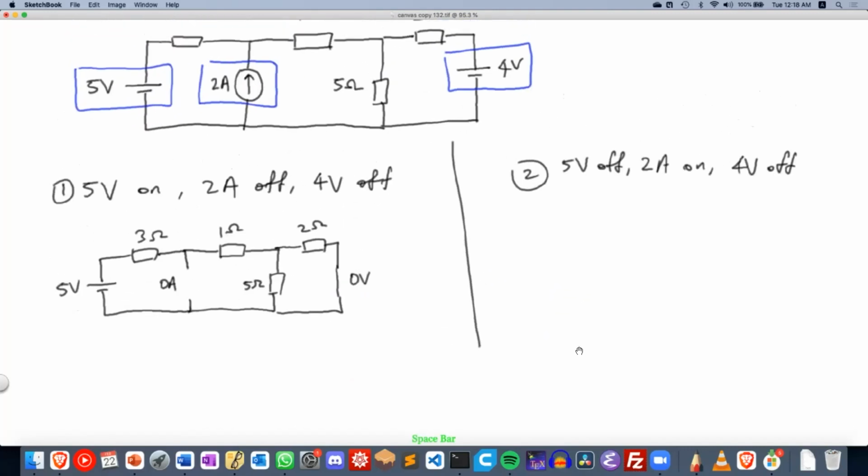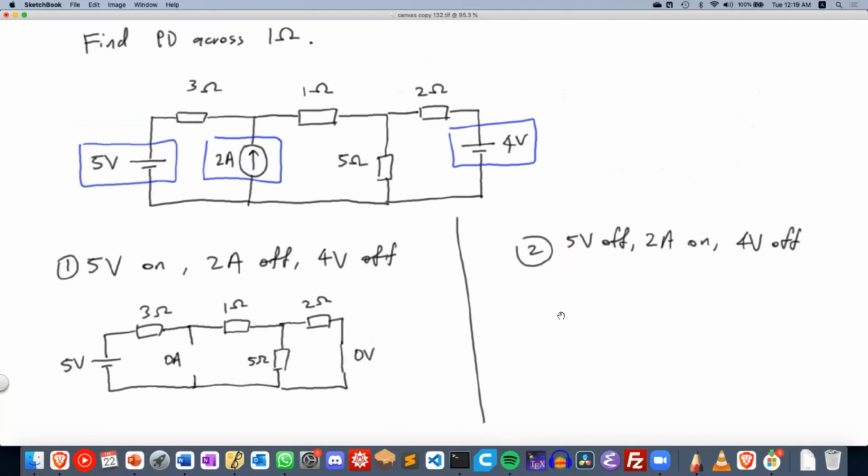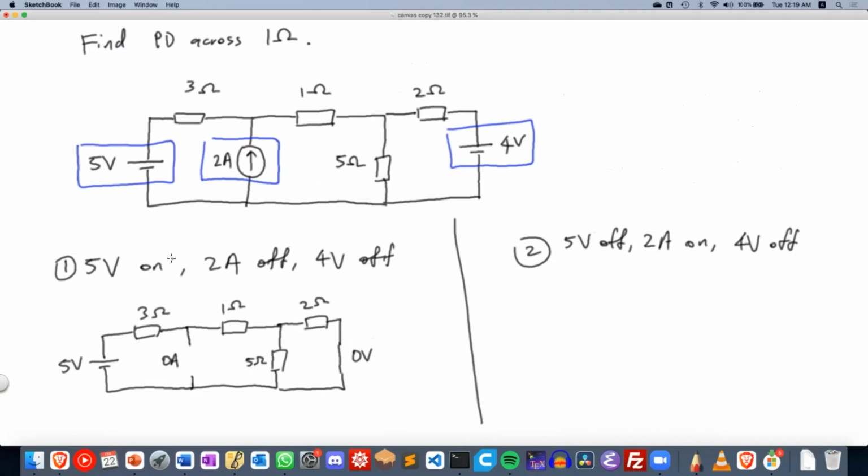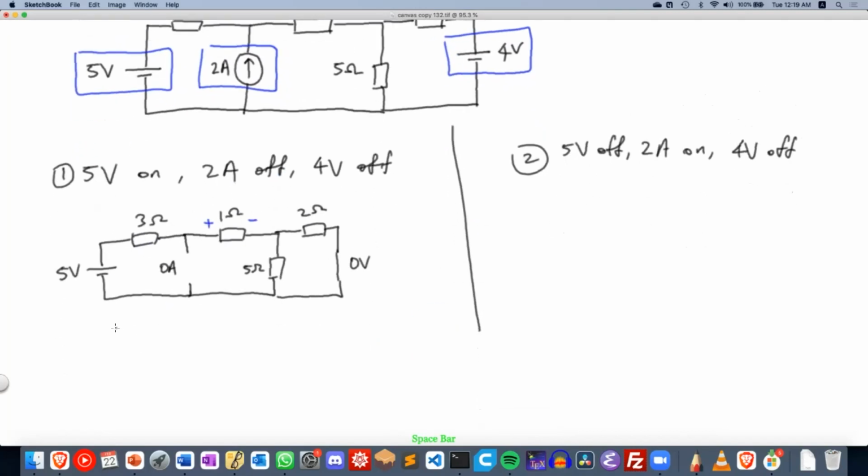So what's the voltage across the 1 ohm resistor in the first scenario? The voltage is going to be this side positive, this side negative. To find it, we need to find the current flowing through the circuit. First, we notice that the 2 and the 5 ohm resistors are in parallel.